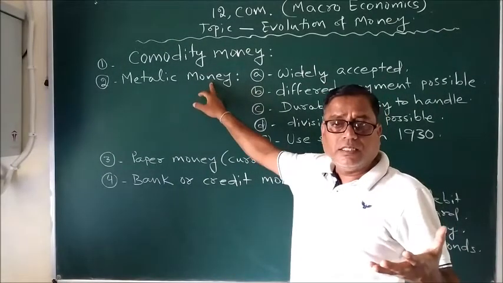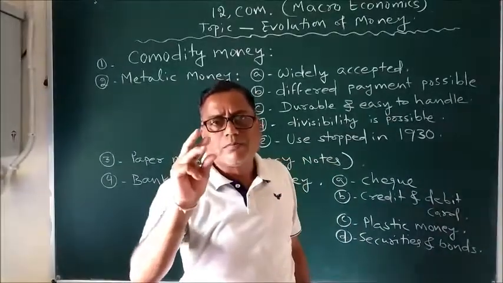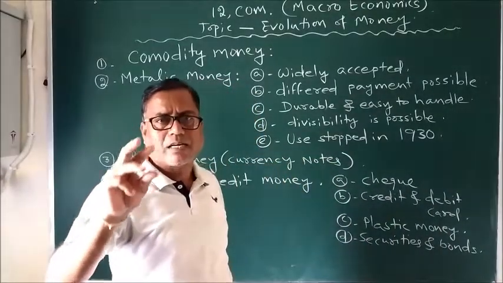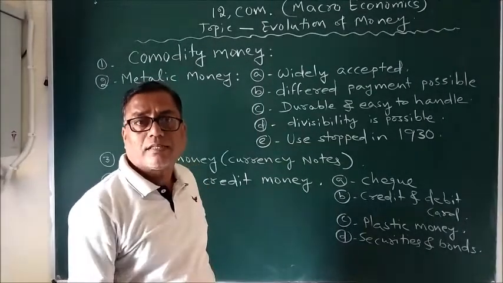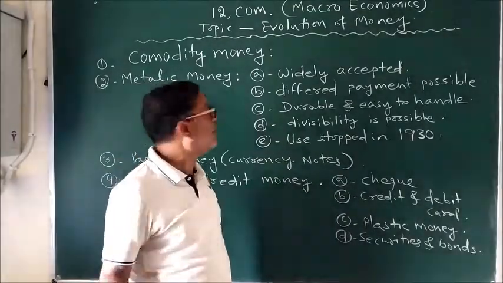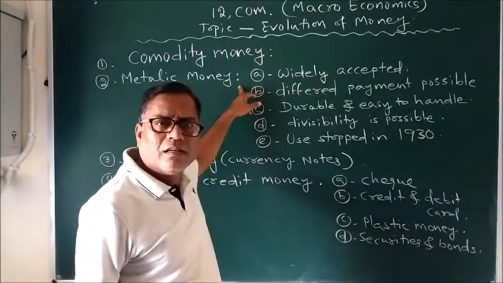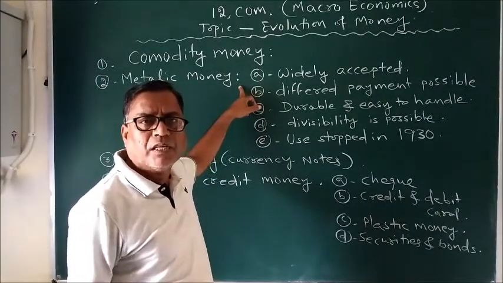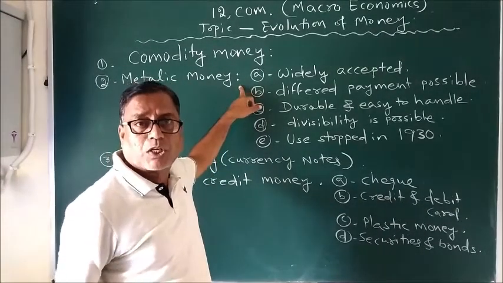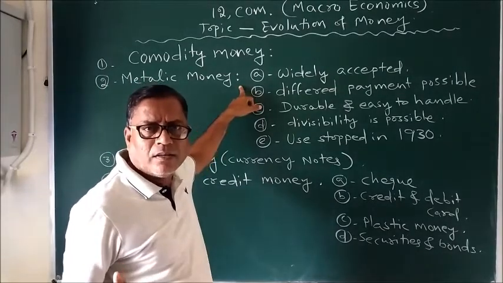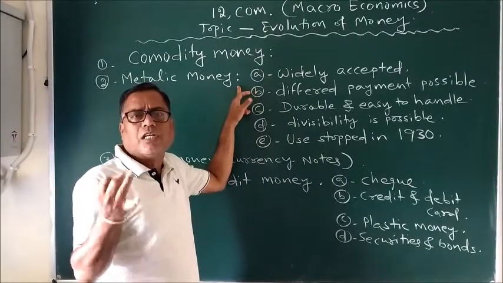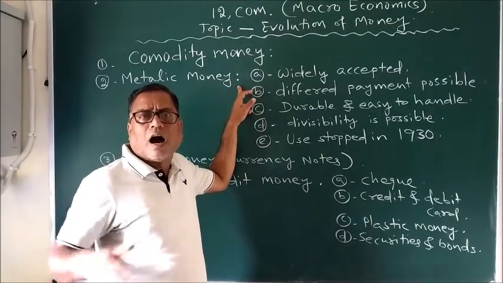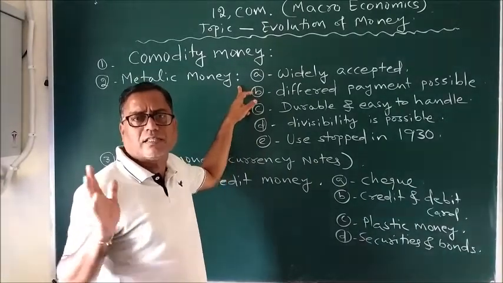So metallic money is something that is made out of metal and is commonly accepted by people as the common measure of value. So what type of metal should be treated as money? It must be precious, it must be limited in supply. So just think about precious metals like gold, silver, or sometimes iron was also treated as money.